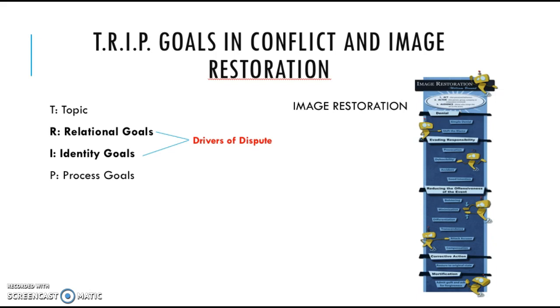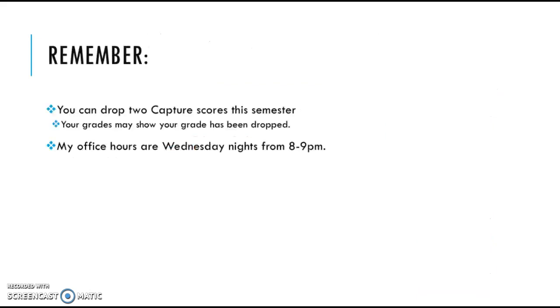This is just a screenshot of how Brother Bean has it broken down. But it really is interesting to see how we and how different organizations use image restoration to handle conflict, to handle mistakes in our lives. And then you're going to be able to learn to identify that for one of your assignments.